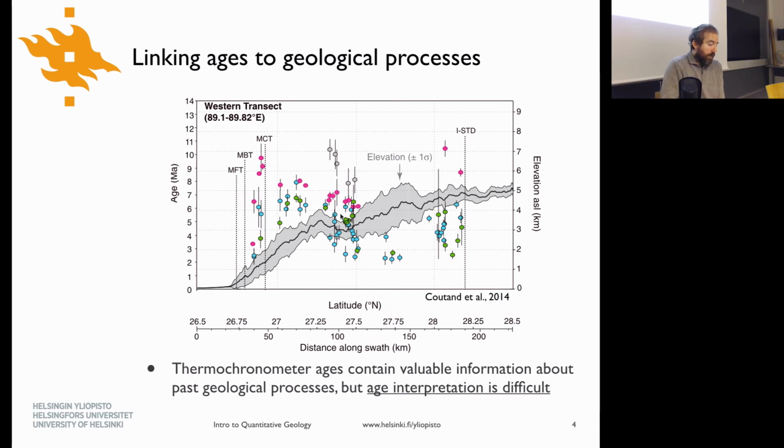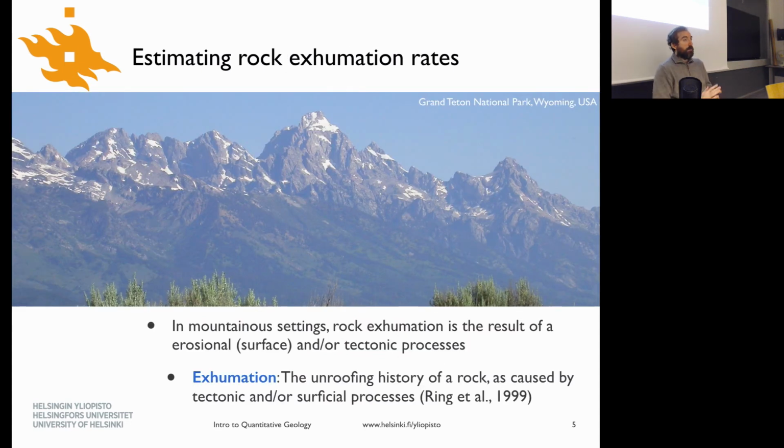So this is a complicated data set. Looking at the plot, you can't easily say, oh yeah, we can come up with an exhumation rate without much thought. It does take a bit of interpretation for an age data set like this. So that's what we're going to do with our last 2 exercises.